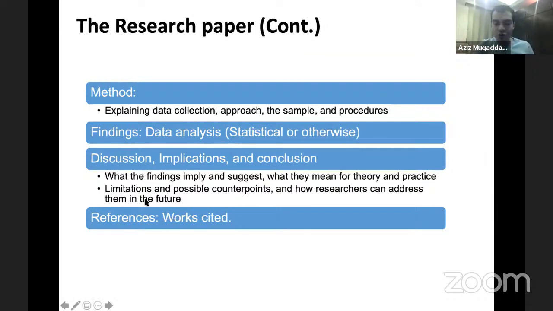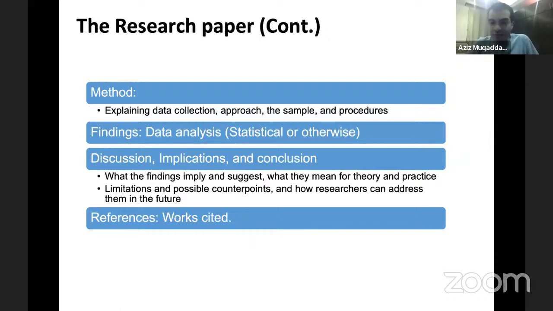But you never point to that in the method section or the literature review section. You always leave it until after you conduct your research, so people can see how you arrived at those, and not the fact that your opinion guided your data collection and analysis. And finally, references, probably what all of you know as works cited.